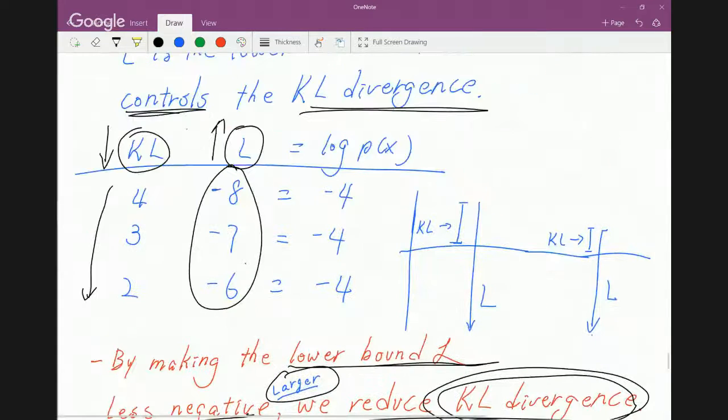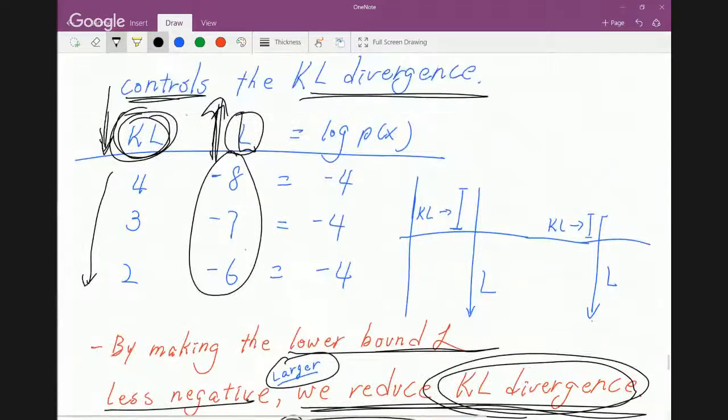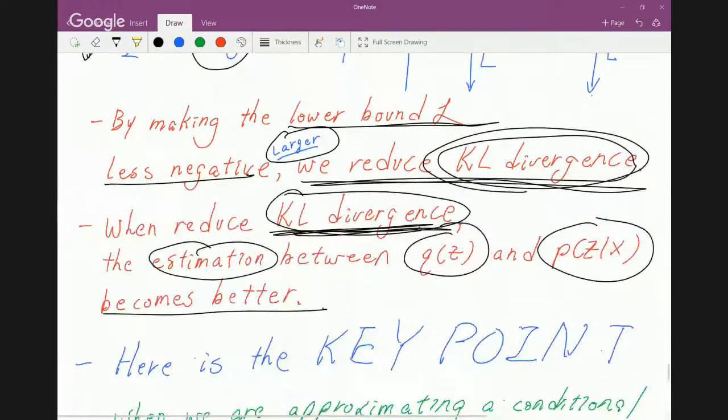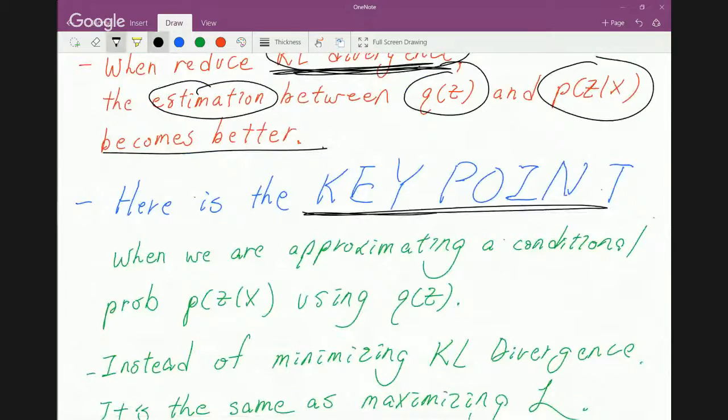Okay, so we want this to be as small as possible, but if we make this L as large as possible, that's the same as making KL as small as possible. That is probably one of the most fundamental points. Here's the key point.